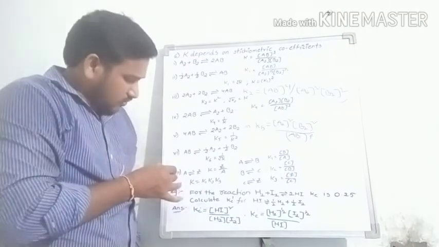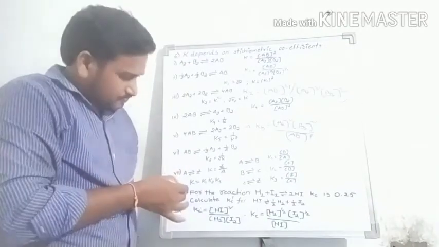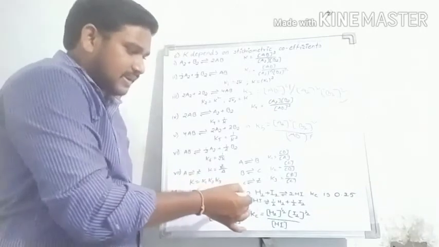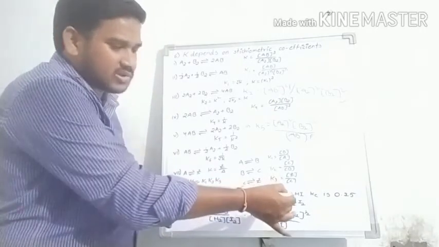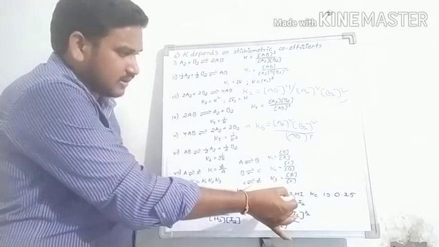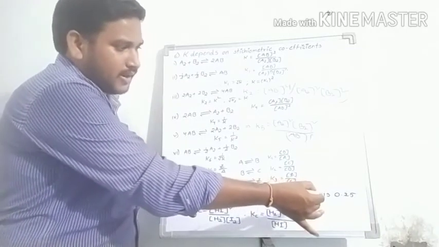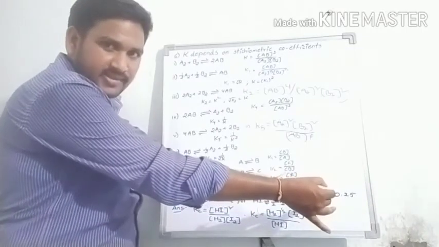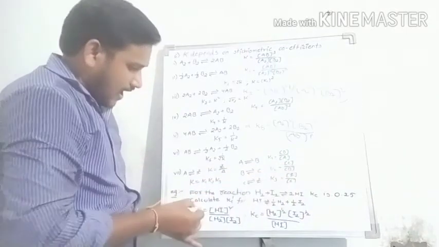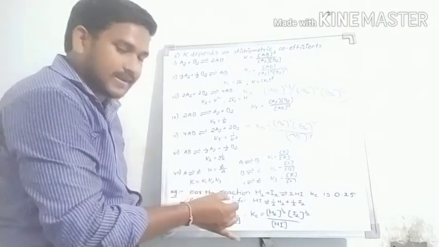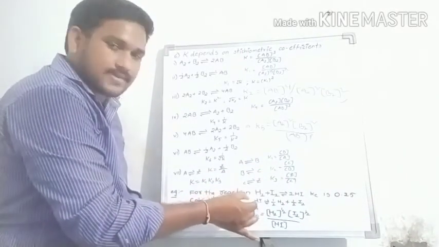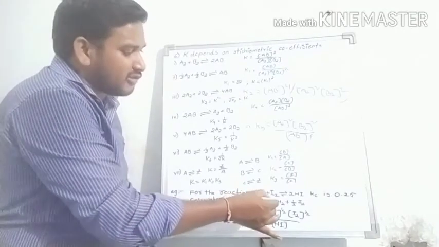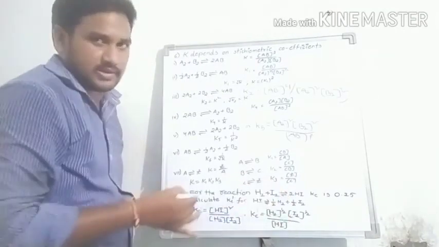Okay, one more example is given, sir. For the reaction H2 plus I2 goes to 2HI, where Kc is supplied as 0.25, calculate the Kc dash for HI going to half H2 plus half I2.